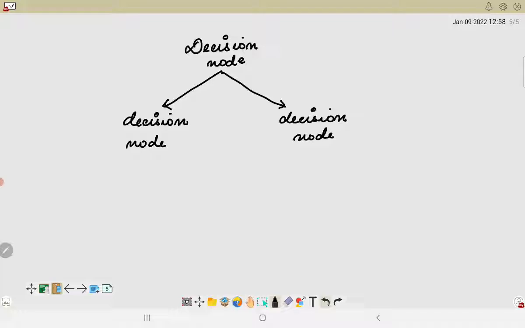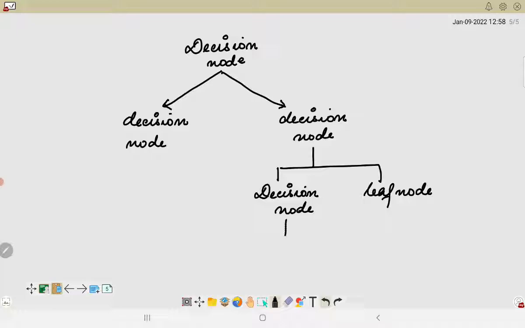Then after that, let's say we have some more decision nodes here, so we will have another decision node here and maybe a leaf node here. That means no further nodes from this particular node, and further from this decision node we will have the leaf node. Okay, so leaf node.